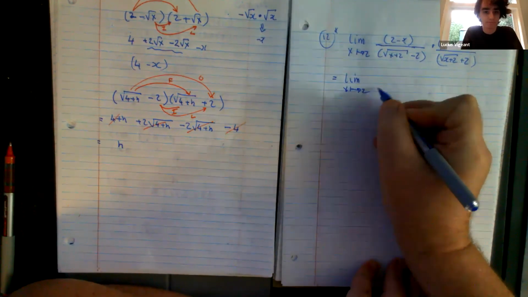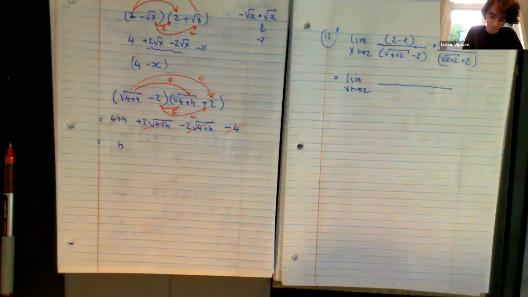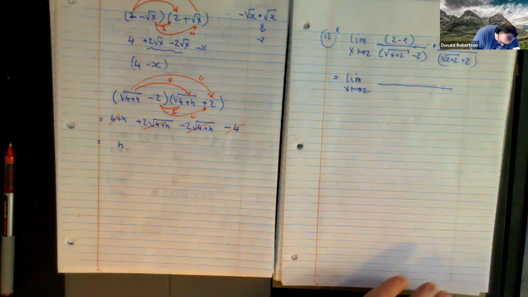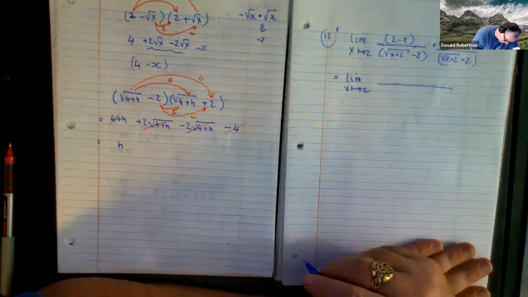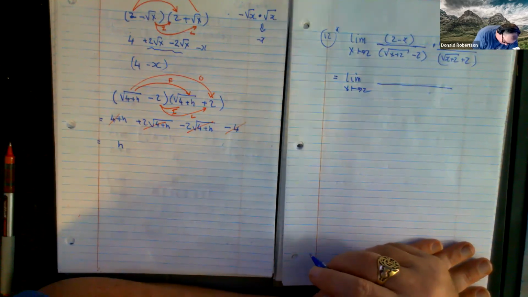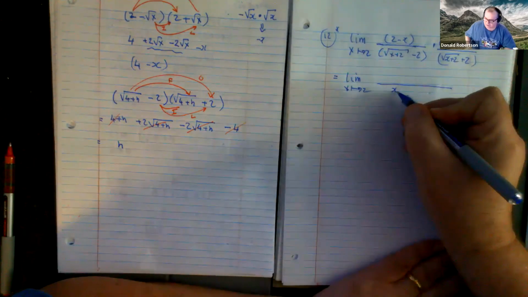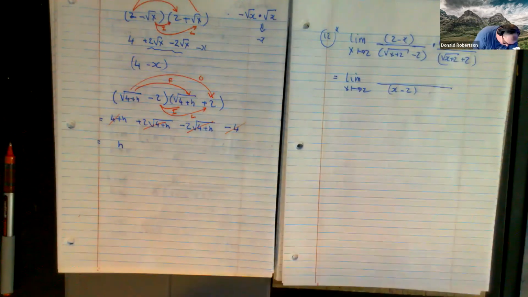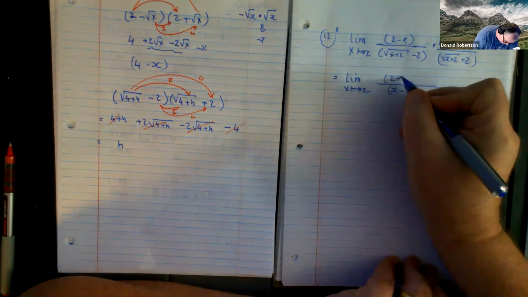Two on the bottom, right. Don't you always do the original guy and its conjugate? So if you do the two guys on the bottom, can you trust me that you get x minus 2? I mean, you do the foiling and that, but for time, can you just trust me you get x minus 2? And on the top, you get 2 minus x, and you get this.